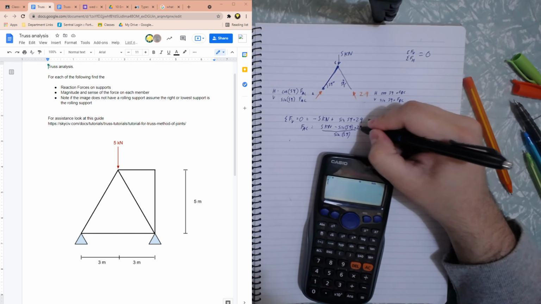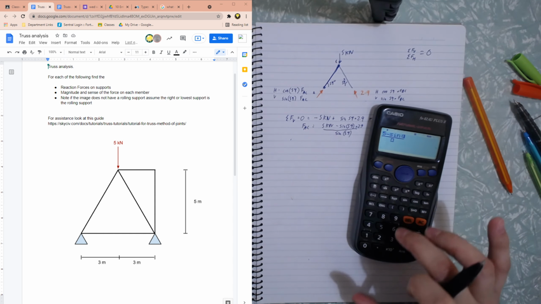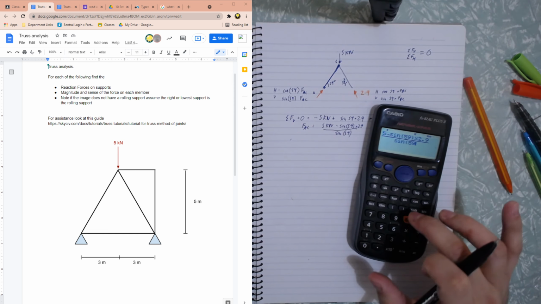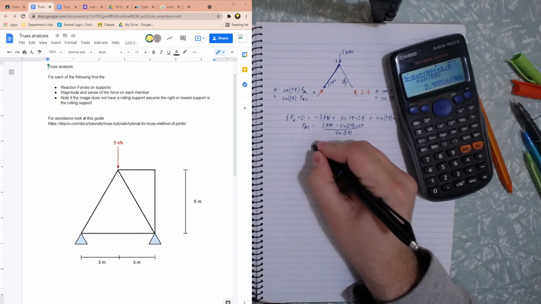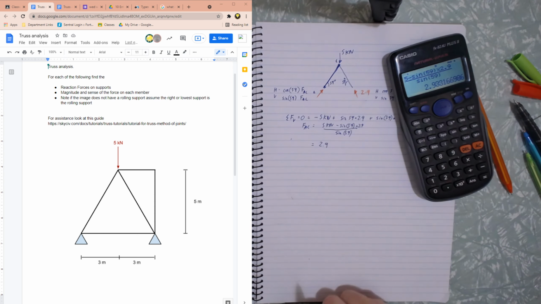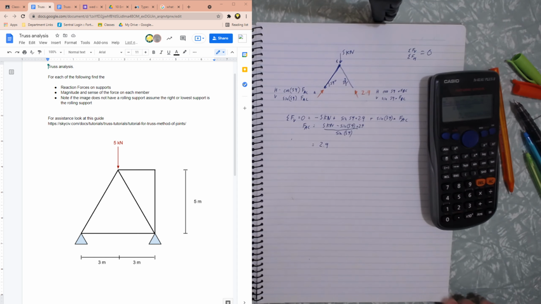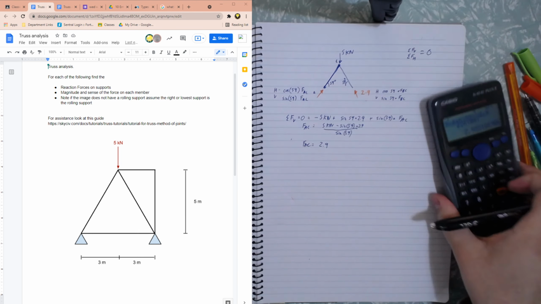If we do this, we get 5 minus sine 59 times 2.9 over sine 59. Yes, we get 2.9. Lovely. So we have found force AC. We don't have to also solve the sum of all forces horizontal, because all our questions are asking is to find the force in all our members, and we have found that now, because FAC is 2.9.